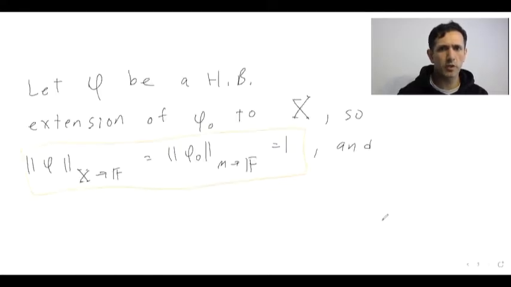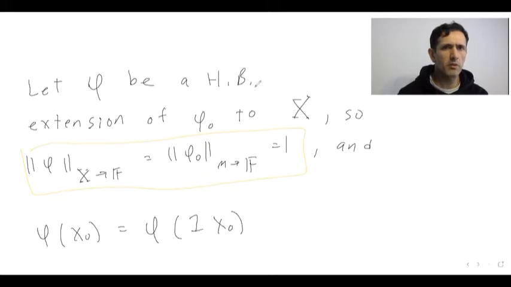Well, this is pretty trivial. So this here, phi of x0, is given by 1 times x0.